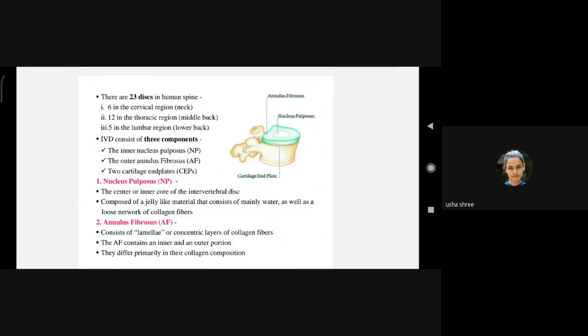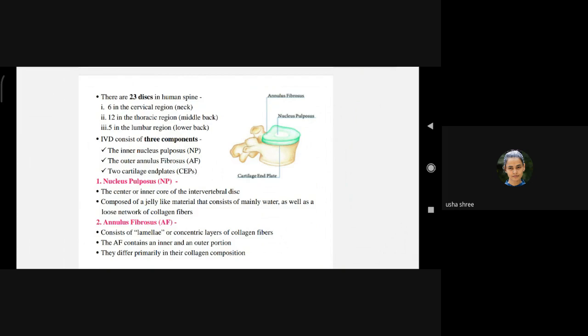So in between them, no intervertebral space is present. So total 23 discs are present in the human spine.